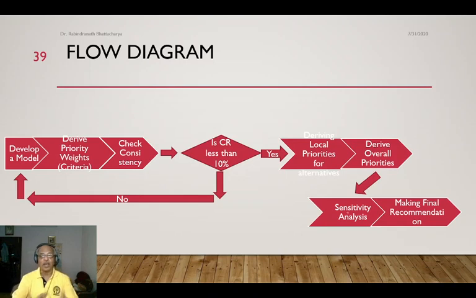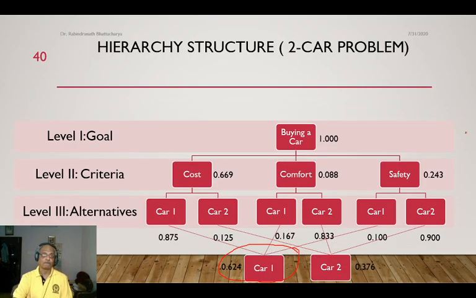That means if the priorities change, that means the overall weights change, then how will the model behave, and then make the final recommendation. So as an analyst, you must do all these things before you put the proposal to your management. That is exactly what you will have to do with real life problems.